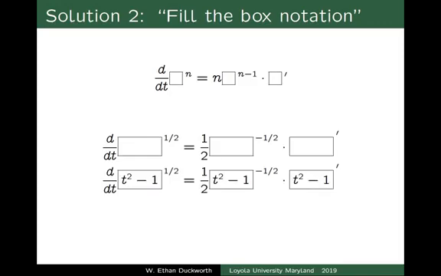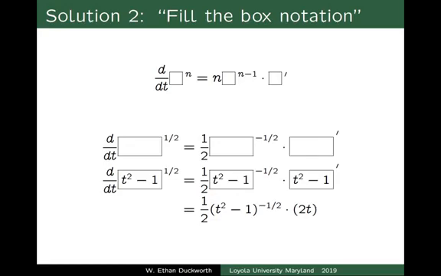So what that says is the derivative of t squared minus 1 to the 1/2, that's on the left, equals 1/2 times t squared minus 1 to the negative 1/2 times, and then I still have one more derivative left to take, the derivative of that last box, the derivative of t squared minus 1. So I will take that derivative, and I will remove the boxes, and my final answer is 1/2 t squared minus 1 to the negative 1/2 times 2t.